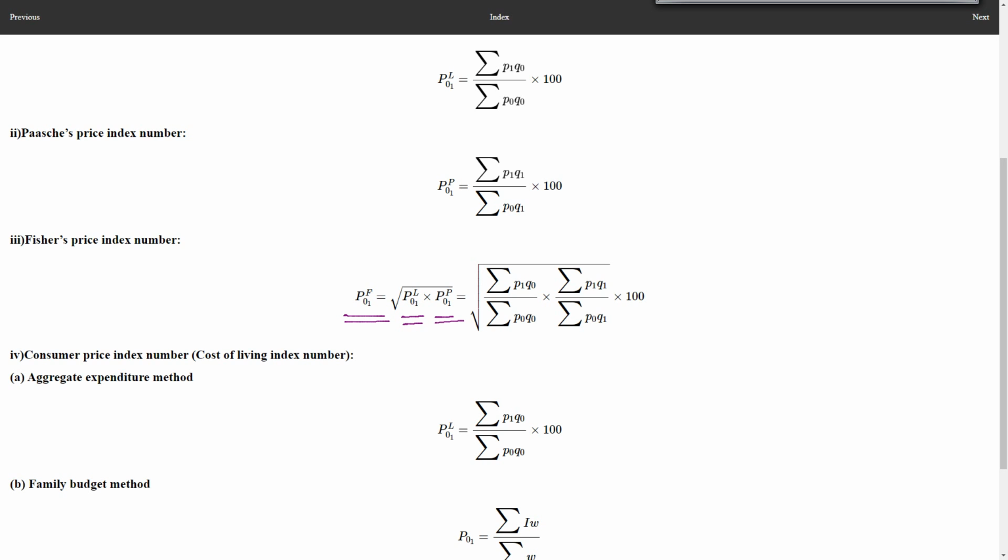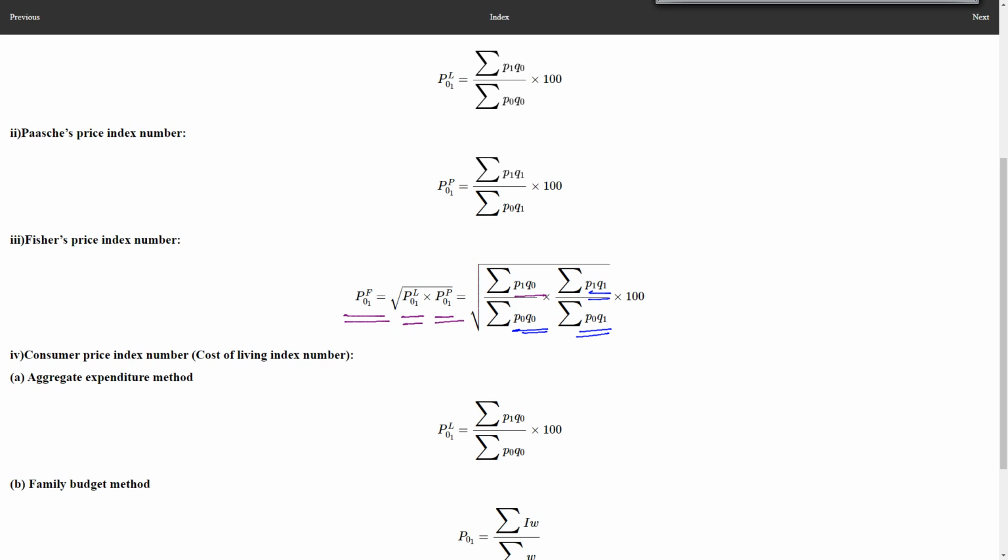So it is equal to the square root of the product of Laspeyres price index number and purchase price index number. It is equal to the square root of summation P1Q0 upon summation P0Q0 into summation P1Q1 upon summation P0Q1.